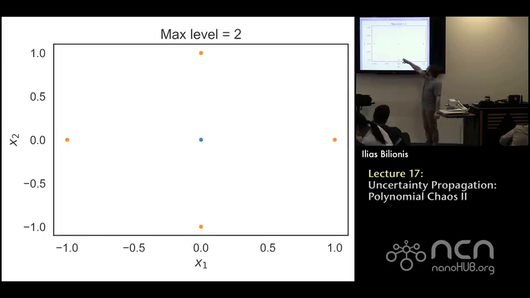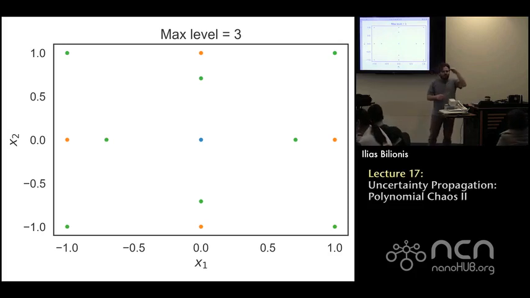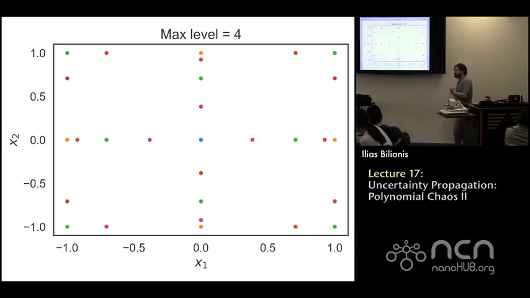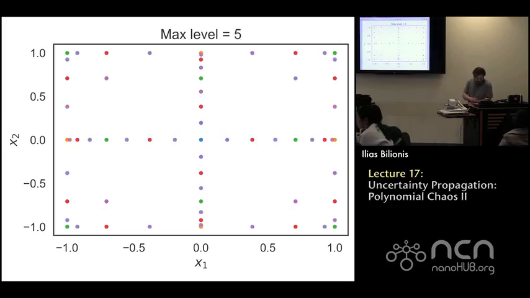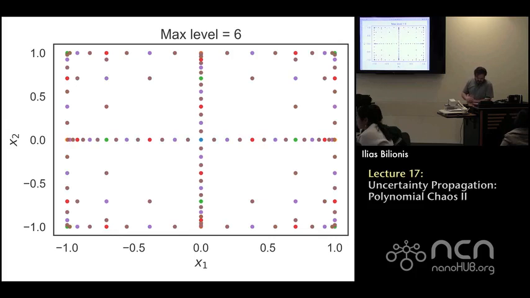The second level adds 4 more points, so the underlying one-dimensional quadrature rule goes from 1 point to 2 points. Level 3, you go from 2 to 4 points. Level 4, level 5, level 6, etc.